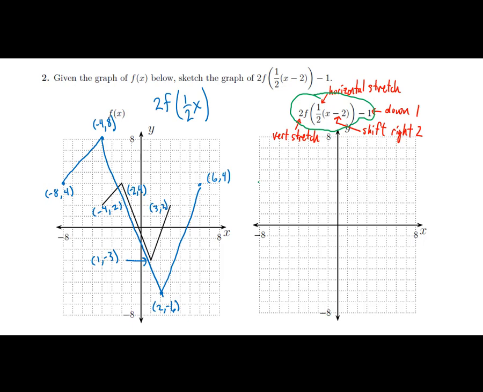So we had that point -8, 4, so starting here, we're shifting to the right 2 and down 1. And then my -4, 8, I'm going to shift that to the right 2 and down 1. 2, -6 puts me there, so I'm going to shift that right 2, down 1. And then lastly, 6, 4 is here, so I need to shift that right 2 and down 1.